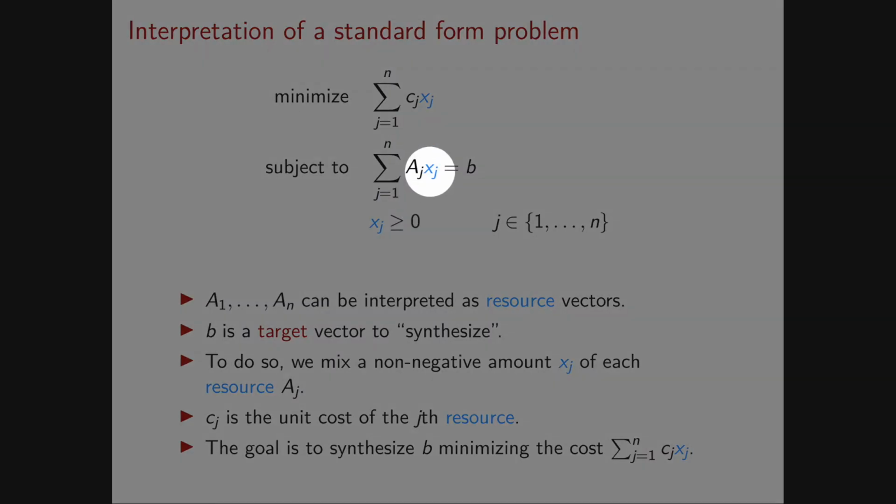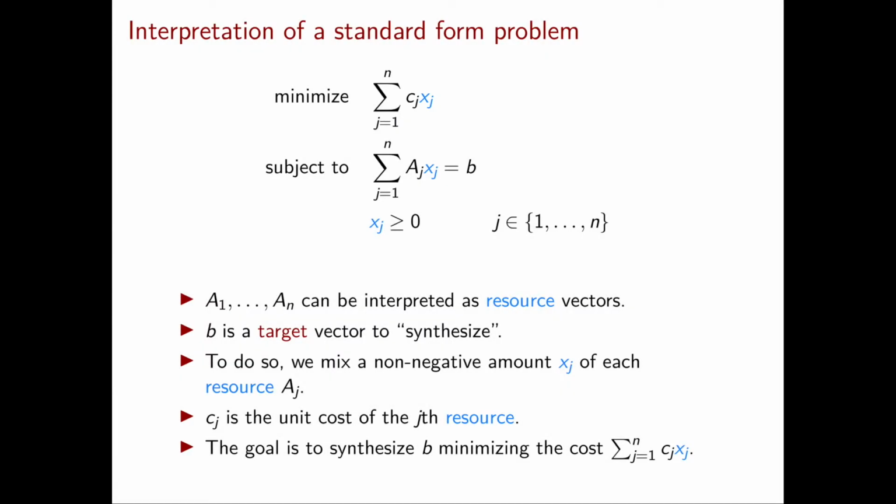Among all the possible ways that we can use to synthesize the target vector b, using our resources Aj, we want to find one that minimizes the total cost cj xj, where cj is the cost associated with the resource j.